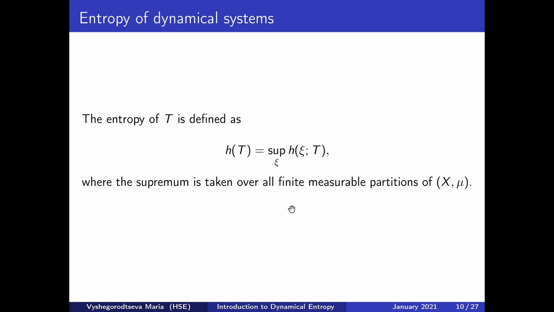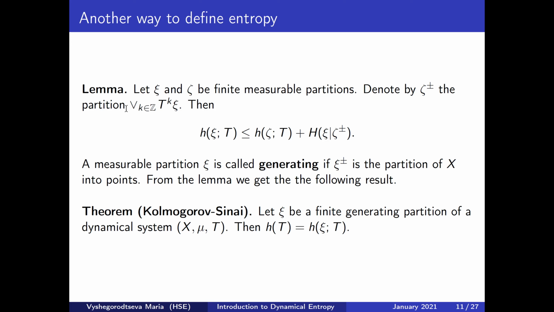Firstly, we would use a lemma: if we have two finite partitions psi and zeta, we have the result that h of psi and T is less or equal than the entropy of zeta and T plus the conditional entropy of psi given zeta plus minus, where zeta plus minus is the union of all images and preimages of zeta.